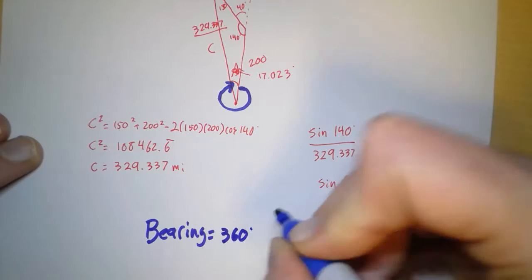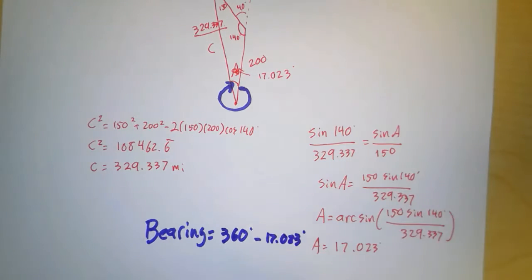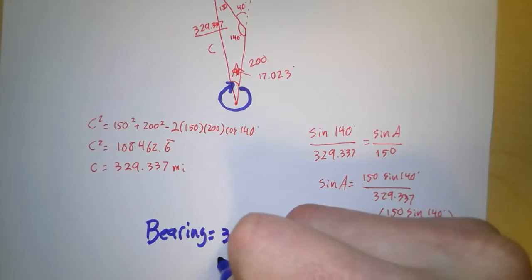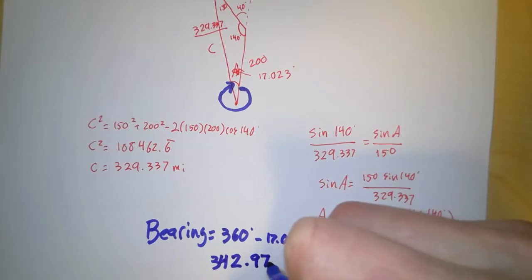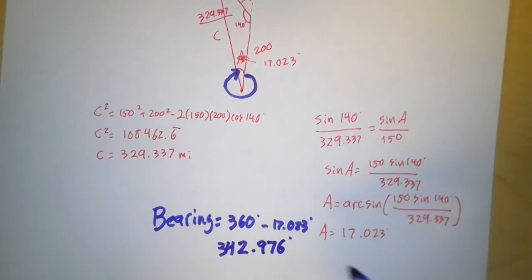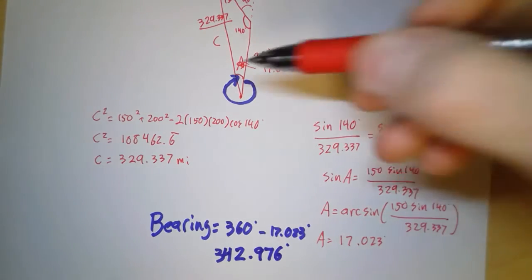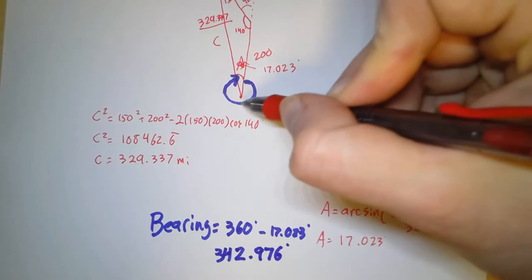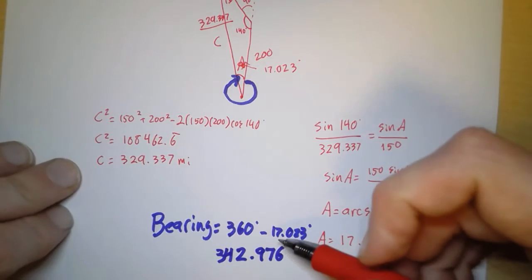So we'll take 360 and subtract 17.023. And when we do that, we get a bearing of 342.976 degrees. That is our bearing, because bearing is always measured from north, and it's always measured around this way. So that is the bearing the plane needs to take to follow the first plane.